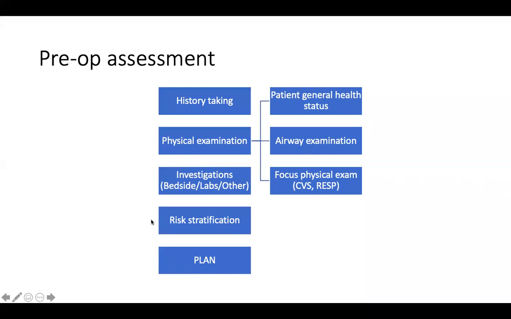The pre-op assessment begins with history taking. I'm not going to go much into depth with that, but you know, everything that you did at medical school does apply, but it's kind of focused to the surgery, focused to the anesthetic. And we know with history taking, we're going to be asking about anesthetic history, history of allergies, family conditions that predispose patients to complications.